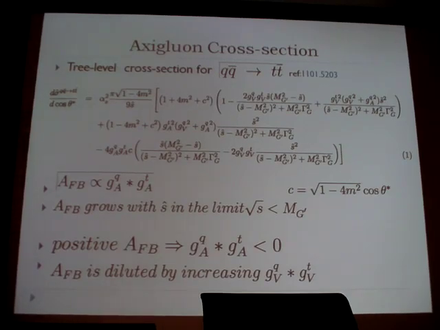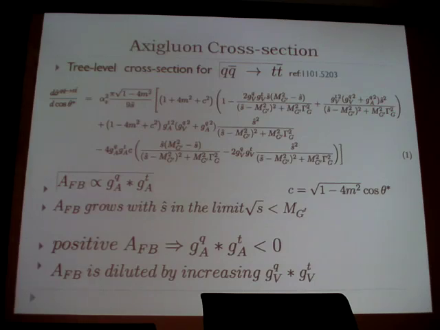Then we draw the classic picture: this is a quark, this is the anti-quark, and we consider the Axigluon exchange process. The Axigluon only couples to left-handed quark and left-handed anti-quark, so the spin direction is this, and the spin direction is this for the incoming quarks.